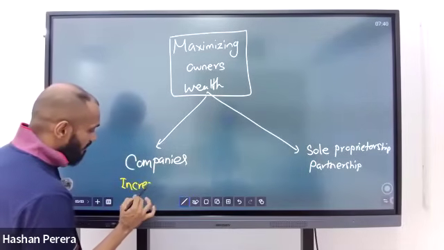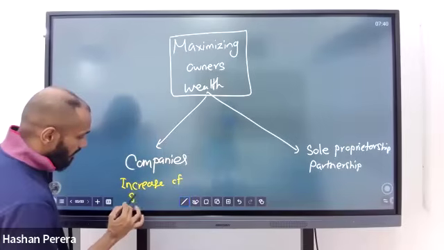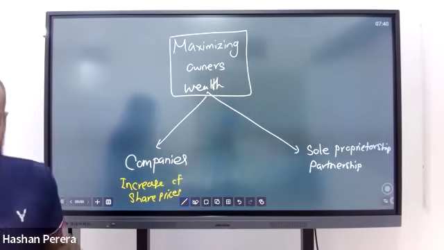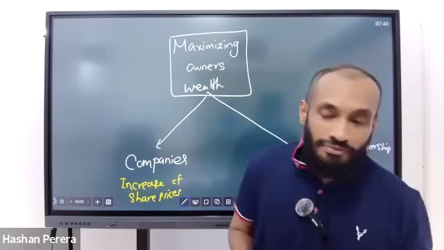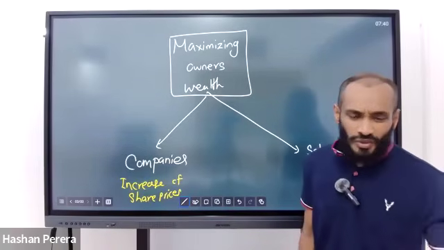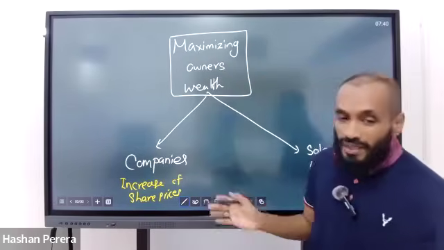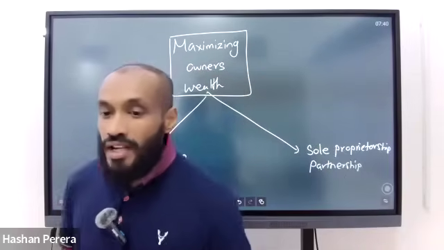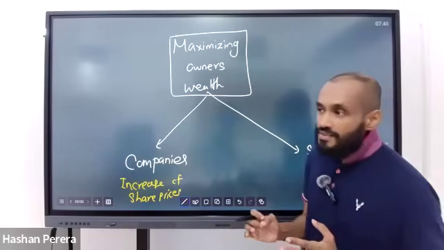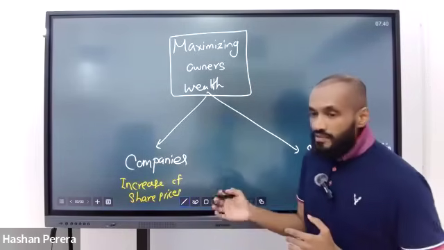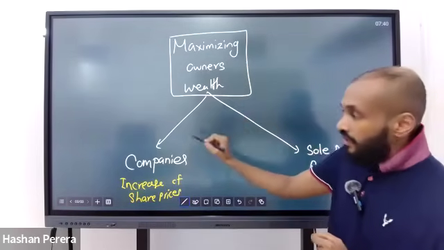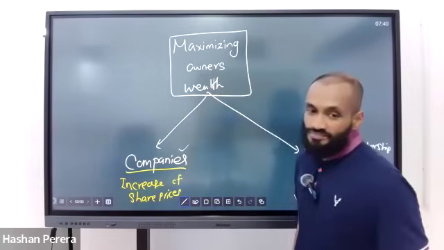Clear? Companies collect their required capital by issuing what, as we learned in the business organizations lesson? By issuing shares. So when the share prices are increasing, that is what you mean by maximizing owners' wealth with regards to companies.